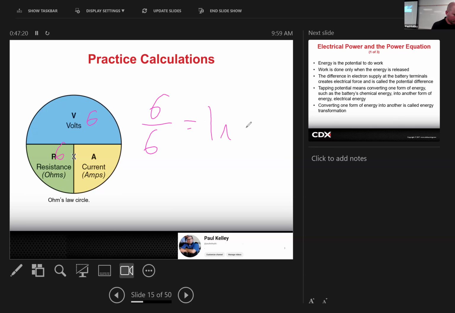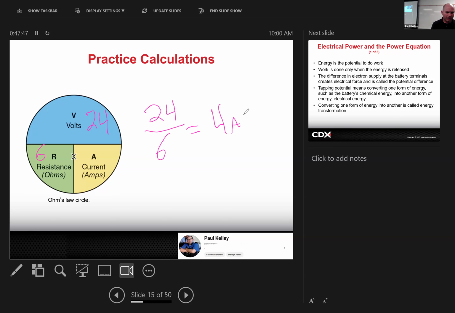What if we went back to, oh, I'll tell you what would be fun. What if we did a 24-volt system? Cool. And we kept our resistance at 6. So it'd be 24 divided by 6 equals. Isn't that interesting?